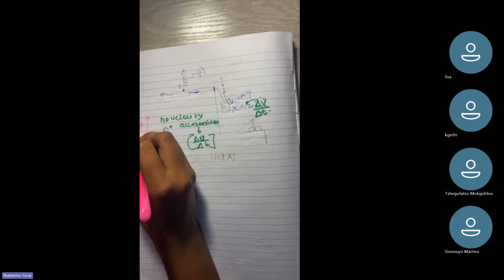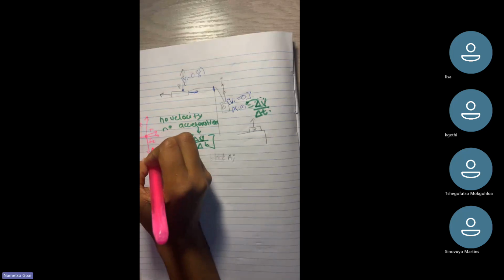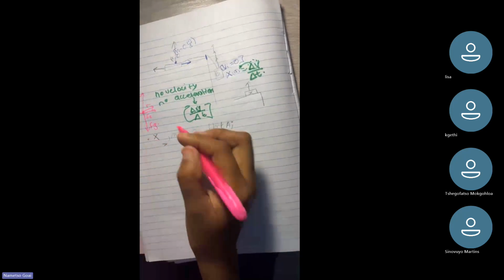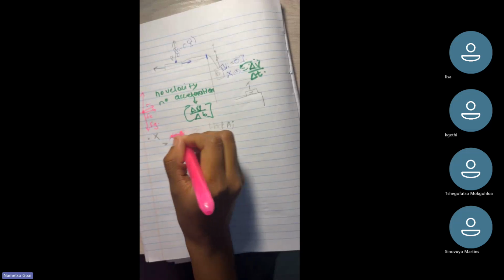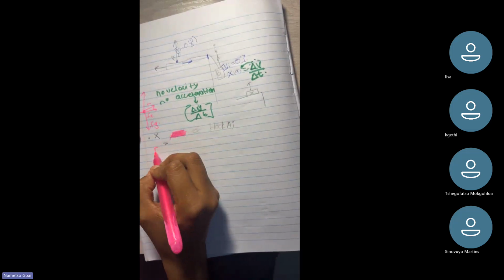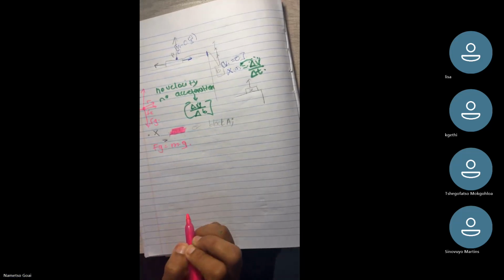We have Fn, Ft, Fg. So they're saying we should calculate the mass, right? So we have Fg. What is Fg in its terms? It's m dot g, right?